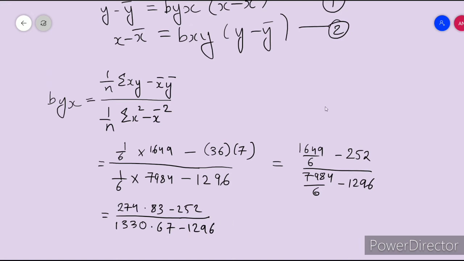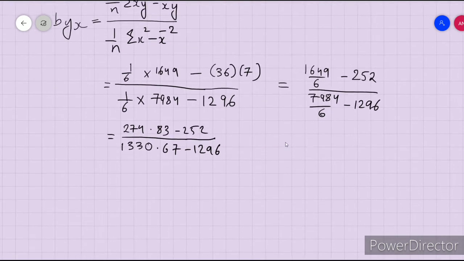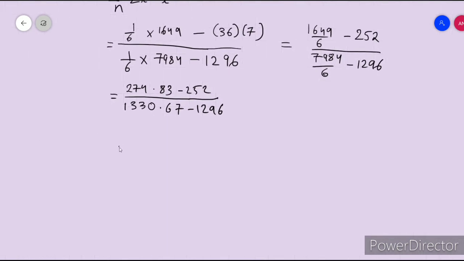So this is 22.83 divided by 34.67. So your regression coefficient of y on x is 0.66.